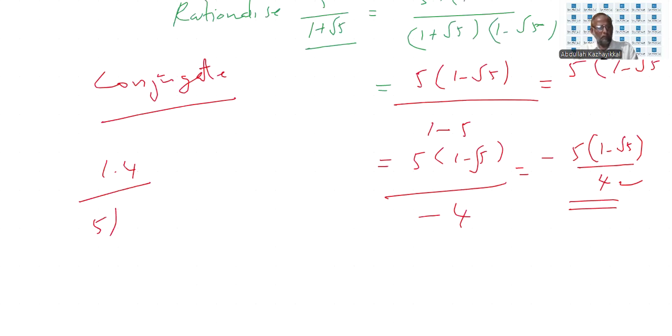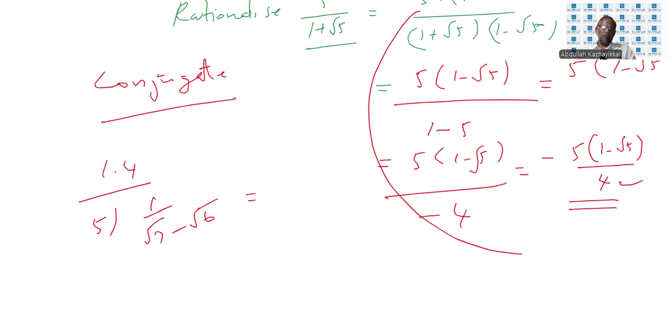1 by root of 7 minus root 6. Can you see? How can we do this? First you have to see the conjugate of root 7 minus root 6.